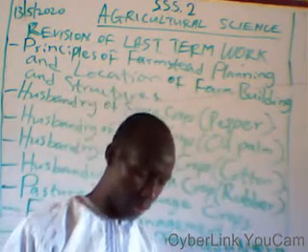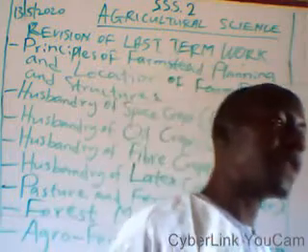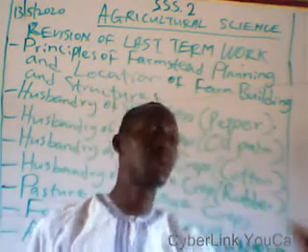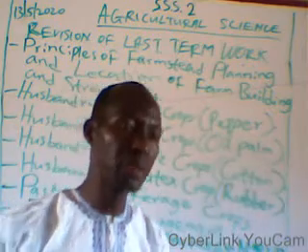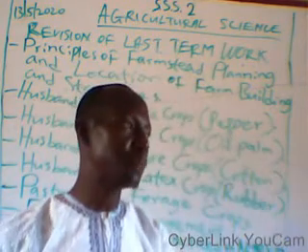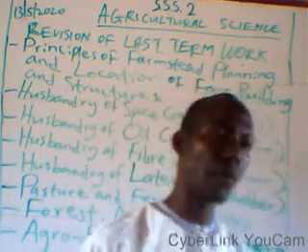There are some rules. There's forest regulation in Nigeria. Forest regulations in Nigeria are those regulations laid down by the government in order to checkmate the management and the usage of the forest trees.